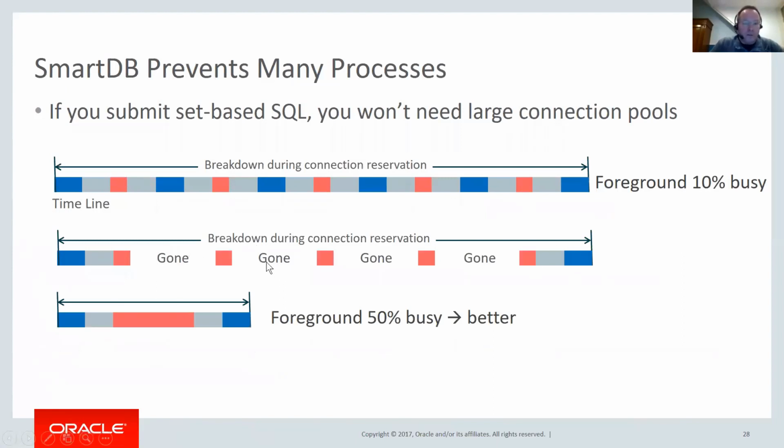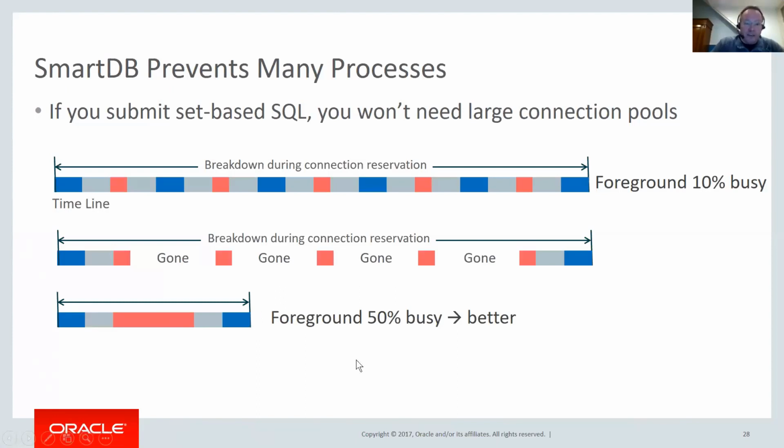Yeah, then we would lose a whole lot of this reservation time, and we would go to a situation like this, where we spend some time on the application server going down JDBC layers, we cross the network, and then we do, for instance, a set-based update or a stored procedure call that has bundled SQL statements in them. Then we go back to the application server, upwards into JDBC, and we release the connection.